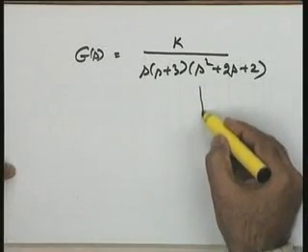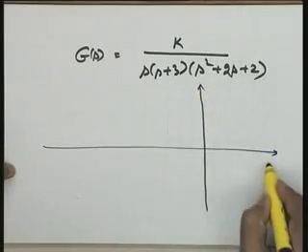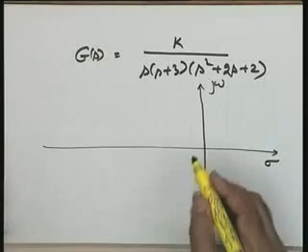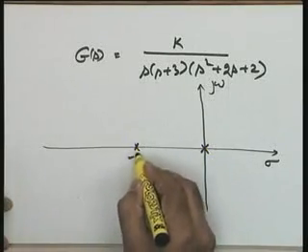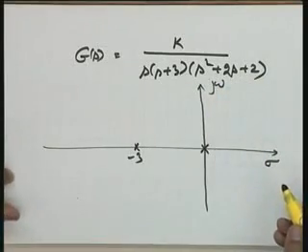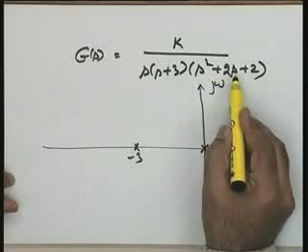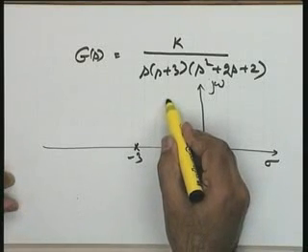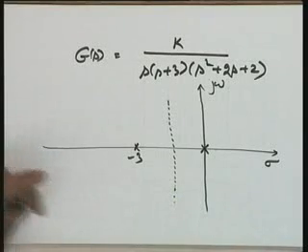So, the first step, take the open loop poles and zeros on the s plane. In this particular case you find s is equal to 0, s is equal to minus 3, and help me please, what are the locations of the open loop poles due to the factor s squared plus 2s plus 2? Yes? What are the factors please?